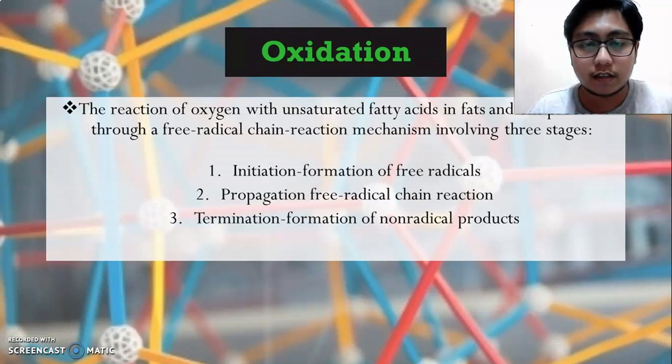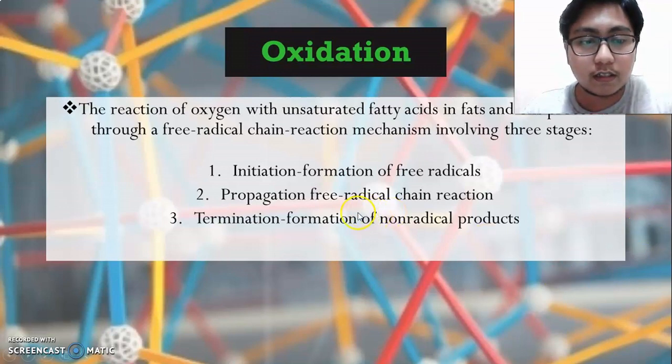Initiation is the process of forming the free radicals, propagation is where the free radical chain reaction occurs, and last but not least, termination, which is the formation of non-radical products, or the termination of the free radicals.